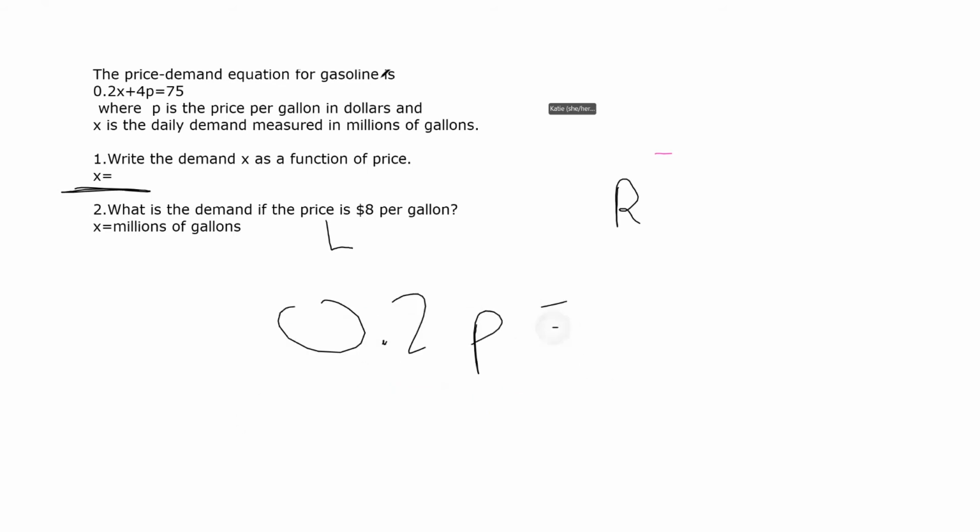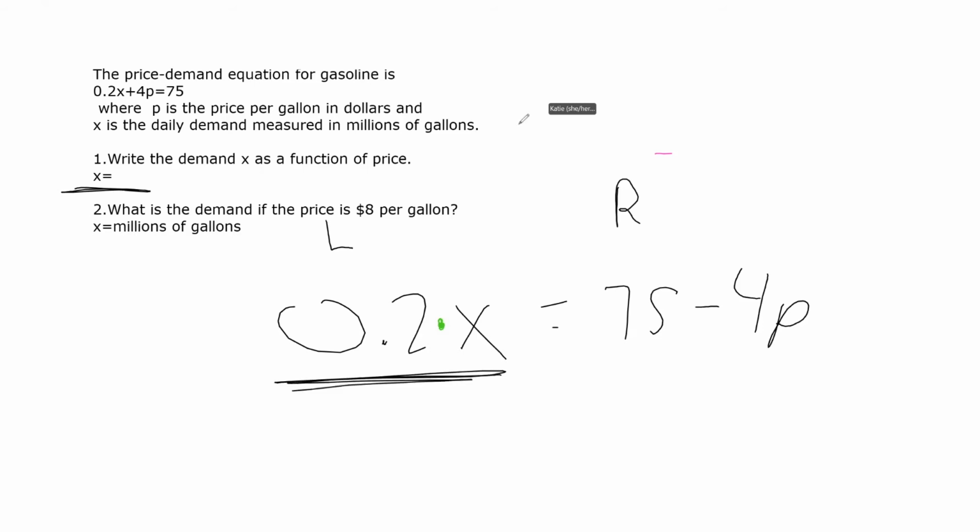All right, now comes a slightly harder thing. 0.2x, not p, my bad, equals 75 minus 4p. Now, like I said before, in between every letter and number, if they're squished together, is a multiplication sign. I cannot add or subtract here. I can only do the opposite of multiplication, which is division.